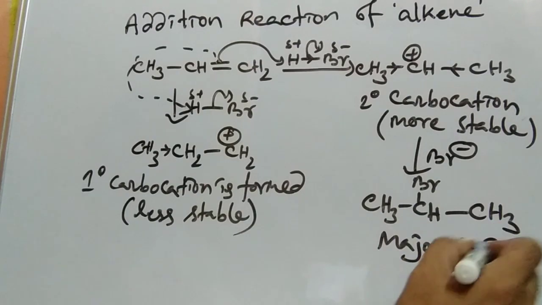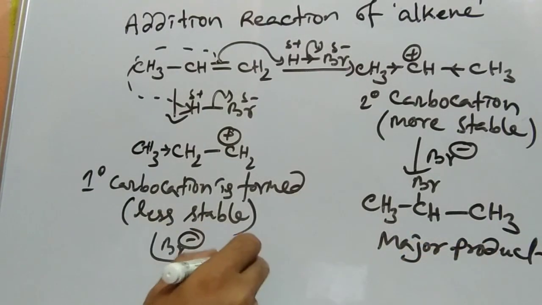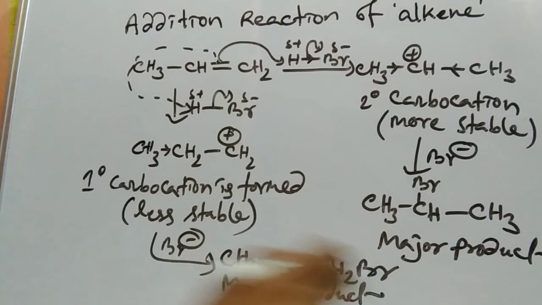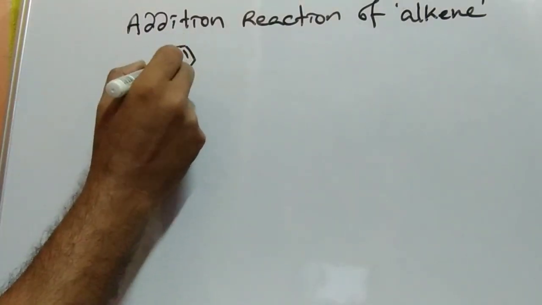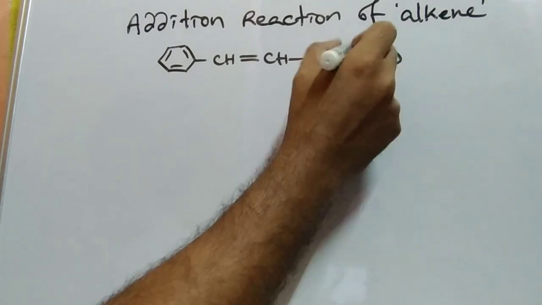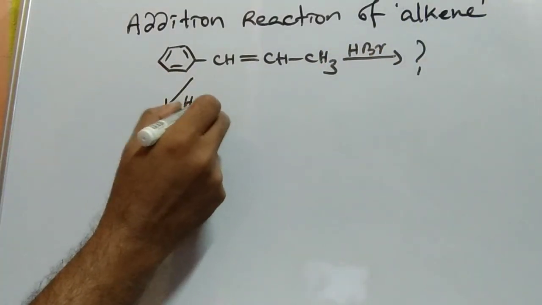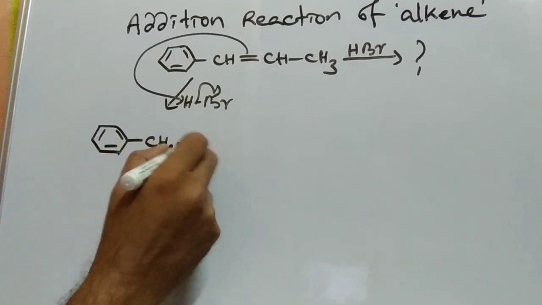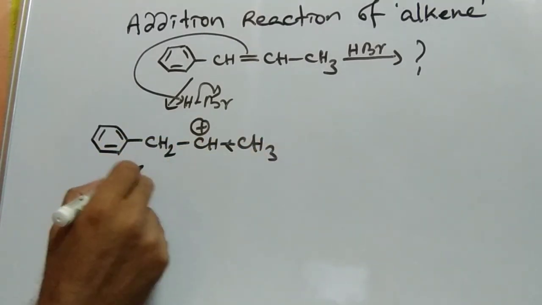However, in some cases we cannot apply the Markovnikov rule, but we can explain the product by determining the stability of the carbocation through which the reaction proceeds.